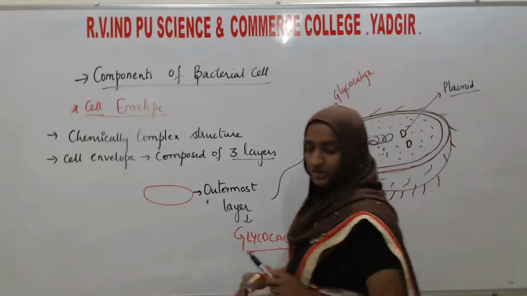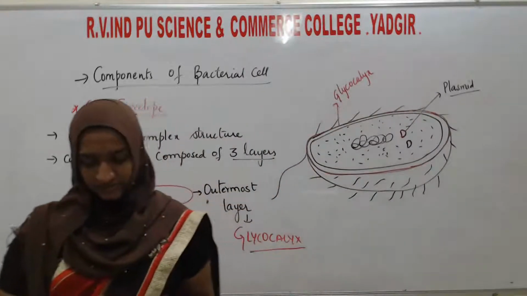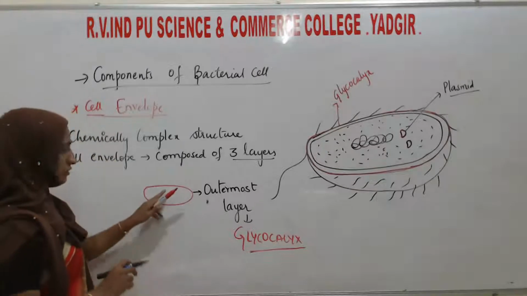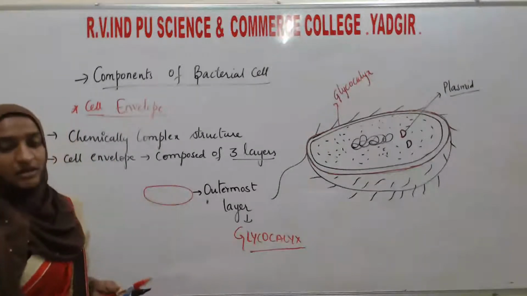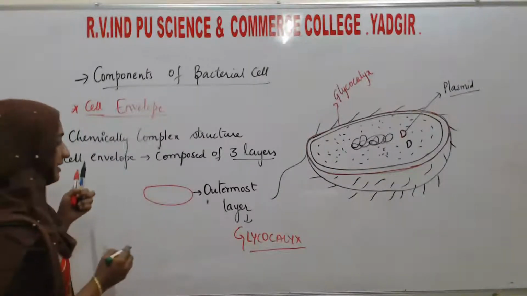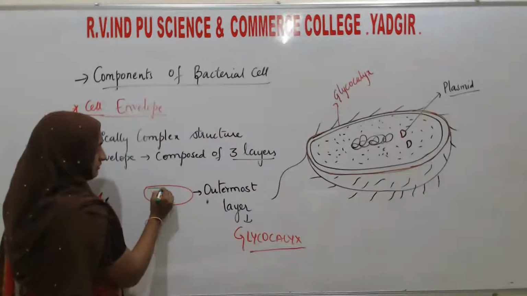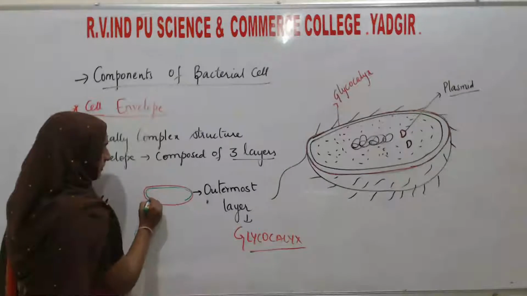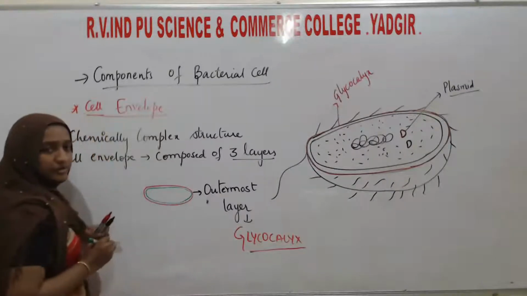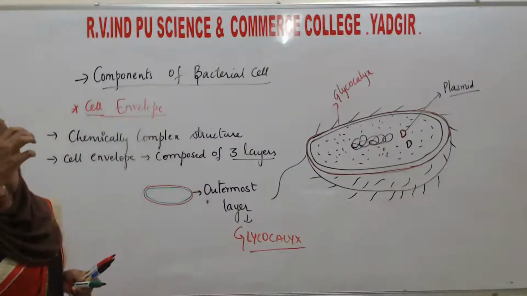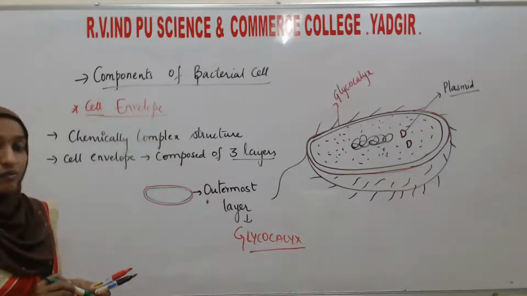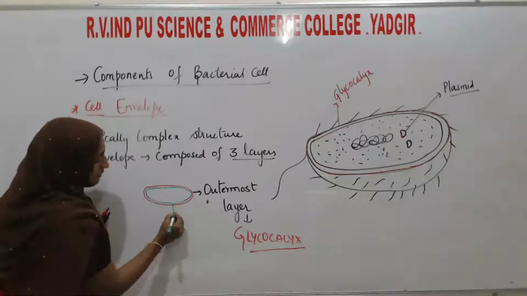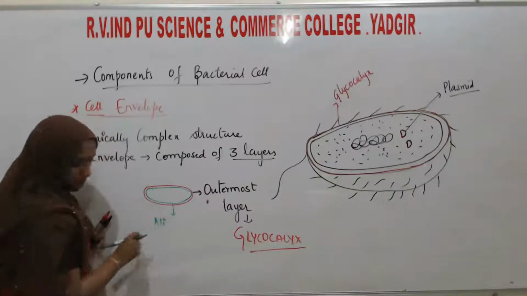Except this, there is a presence of a middle layer. Next to the outermost layer, there is a presence of what? A middle layer, just below the outermost layer. Okay, this is the middle layer, and this middle layer is the cell wall.